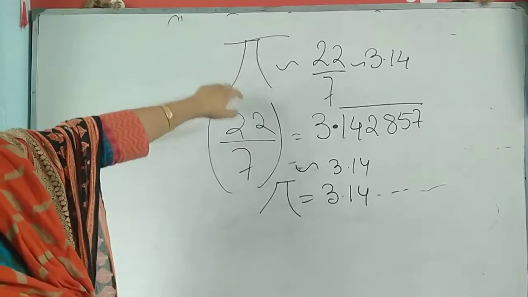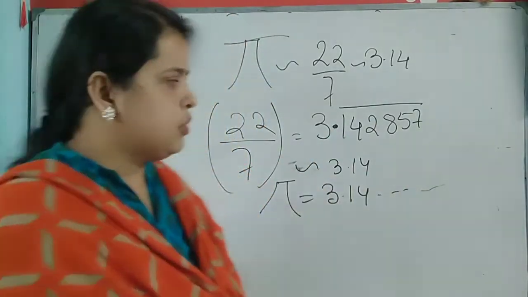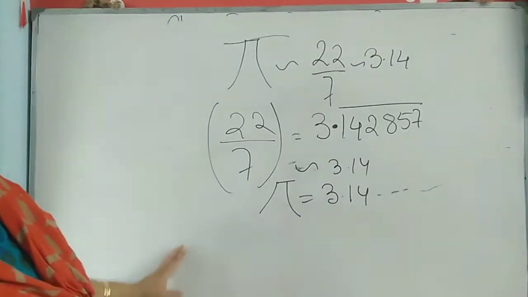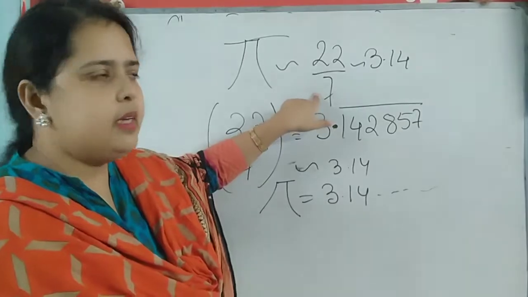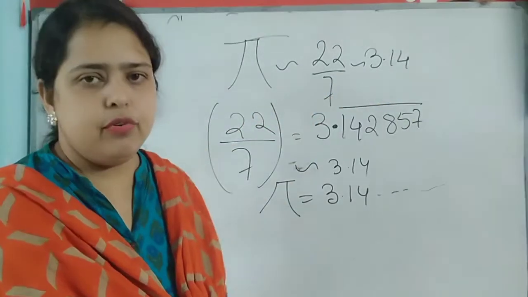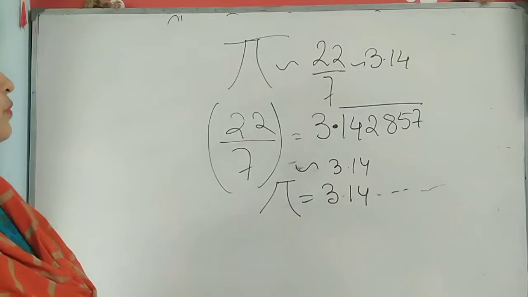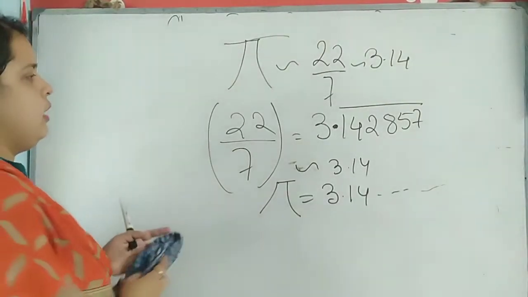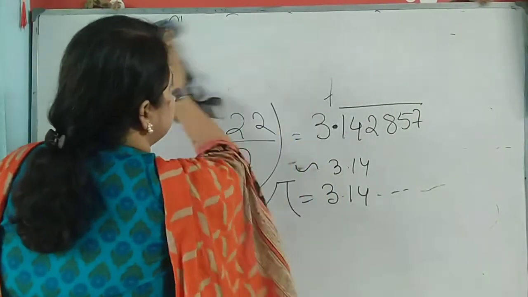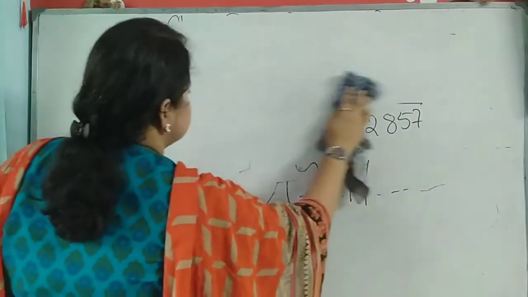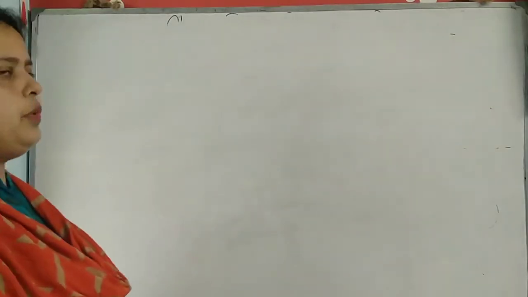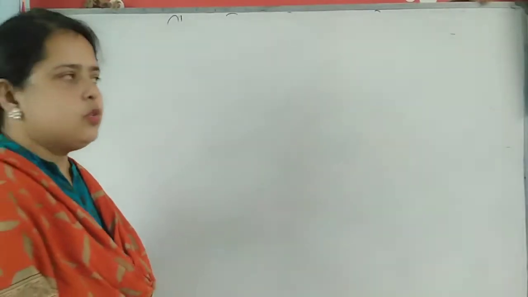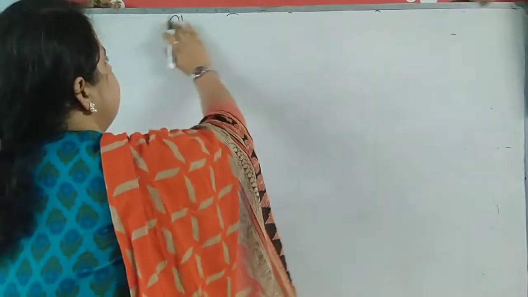We cannot substitute an infinite expansion. So for our convenience, we are taking the value of pi approximated to 22 by 7 or 3.14. We are asked to substitute this one, but we are taking only this as an approximation. So remember children, pi is an irrational number, but 22 by 7 is purely a rational number. Only for our convenience we are putting that one. Okay, so this is important to know for all of you.